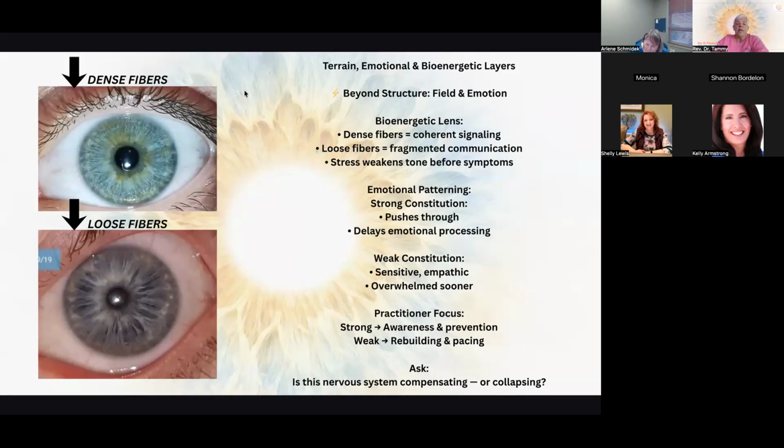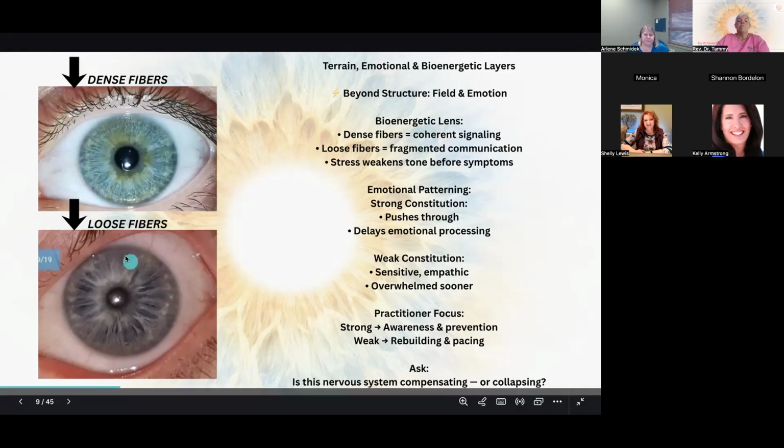So when we're looking at these, you want to just make sure to look: is it dense fibers? This is telling us coherent signaling. Loose fibers, fragmented communication. So when we're looking at the bioenergetic field, stress weakens tone before symptoms. The emotional patterning of a strong constitution: these people just push through. They have delays in emotional processing. These old farm boys, you ain't gonna see no emotions come out of them.